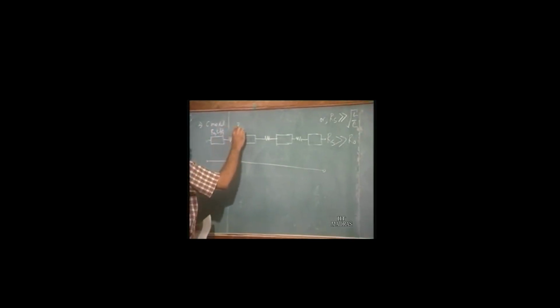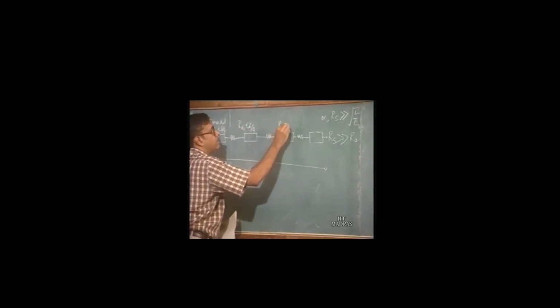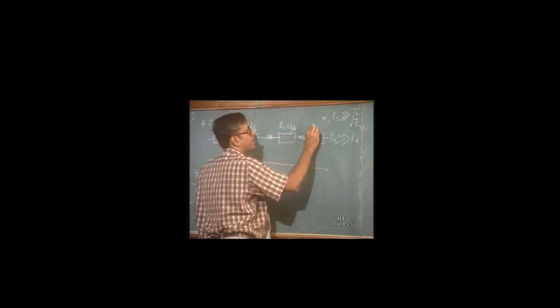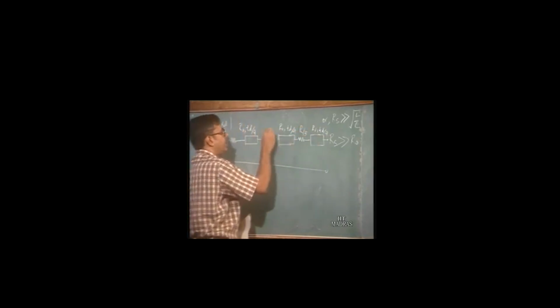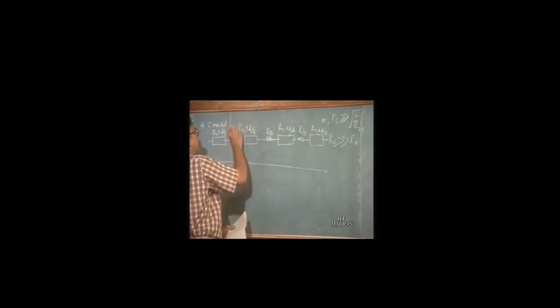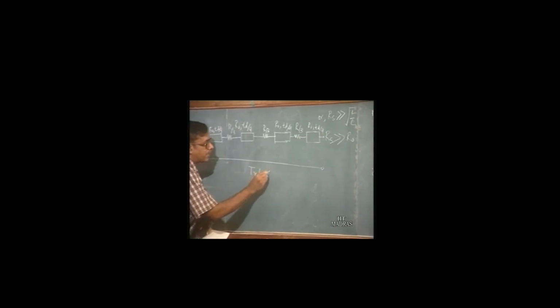These are all transmission lines with characteristic impedance R naught and delay Td by 4: R naught Td by 4, R naught Td by 4, R naught Td by 4. This is R by 3, R by 3, R by 3. So together these three make up R, the total resistance of the line. So you have a 4-section transmission line model. This is called the TRL4 transmission line 4 model.